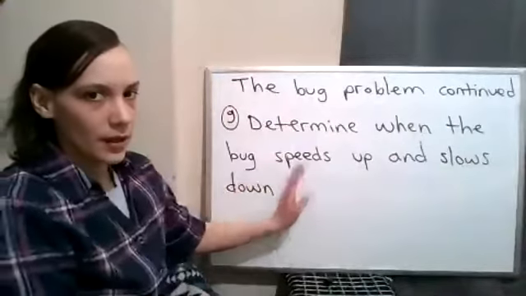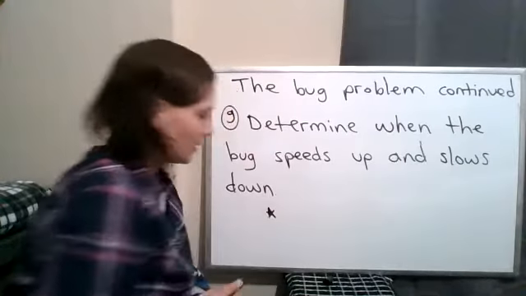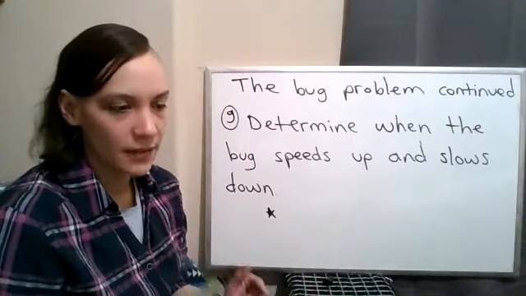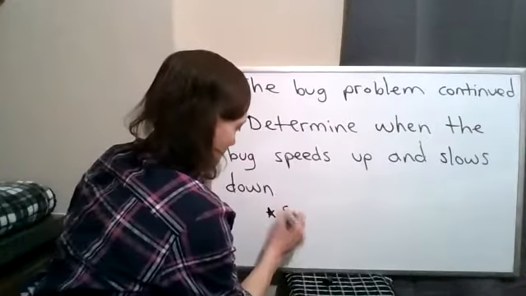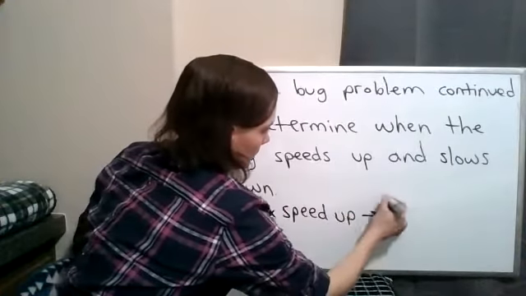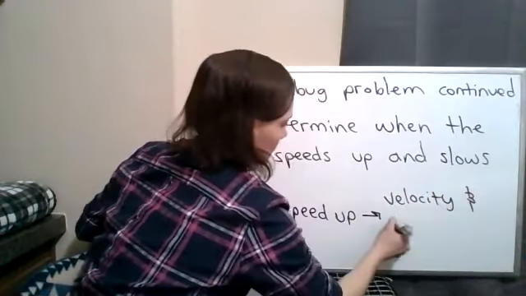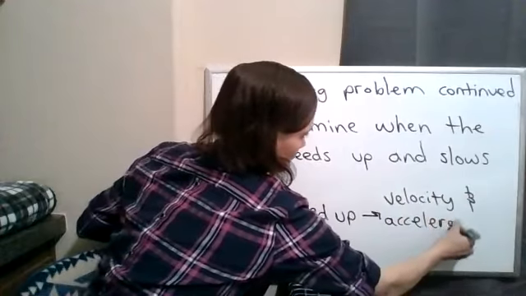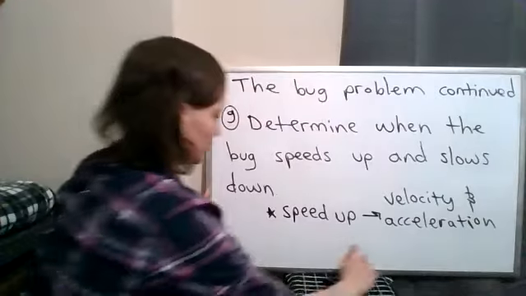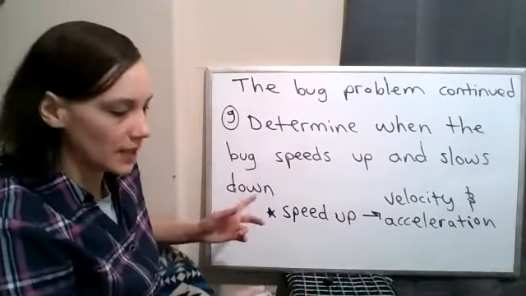Okay, so I'm going to write down what it means to be speeding up and to be slowing down. So first part. Speeding up means that the velocity and acceleration have the same sign. I'm just going to put same sign, but it means they both have the same sign.